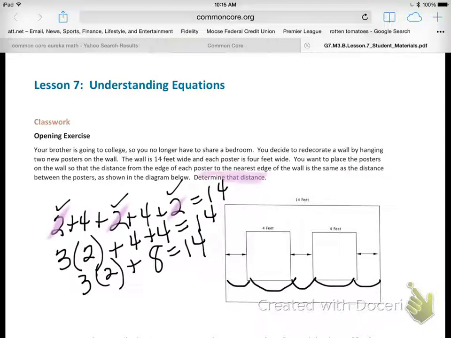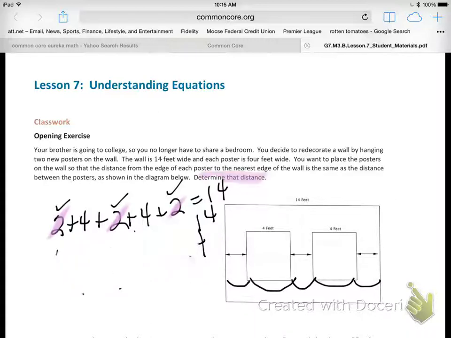Let's go ahead and turn every 2 in that list there into an x. x plus 4 plus x plus 4 plus x equals 14.